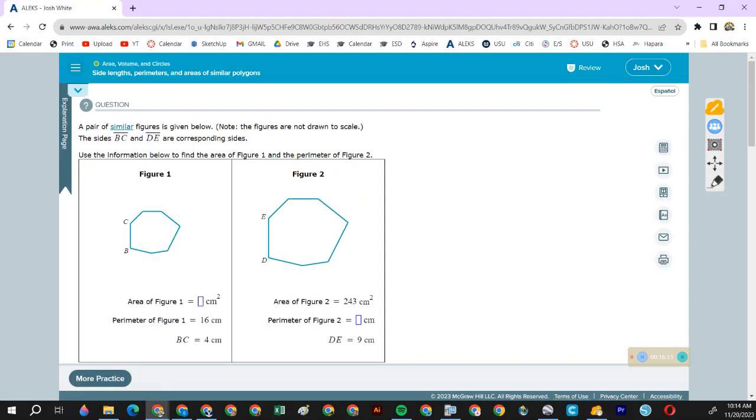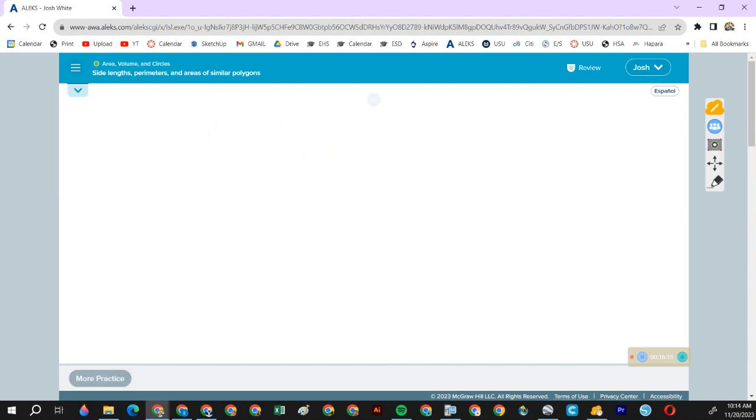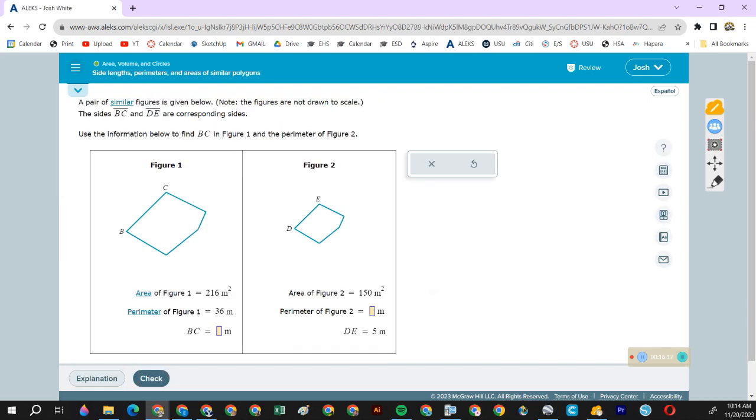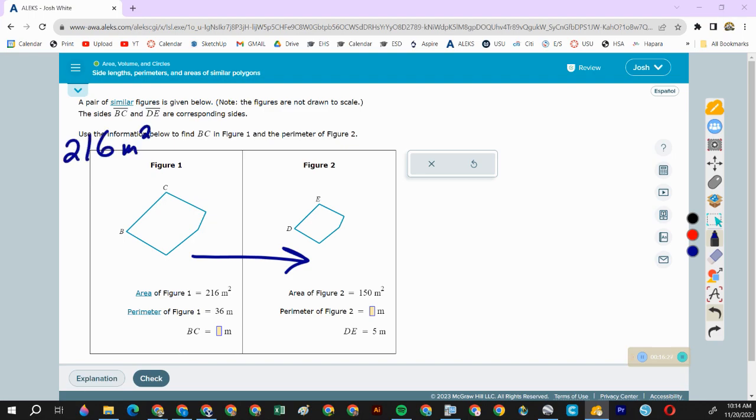Let's do one where they give us both areas. Okay, here we go. So, if I want to go from big to small, I get 216 meters squared over, oh, I did it backwards again, 150 meters squared over 216 meters squared.